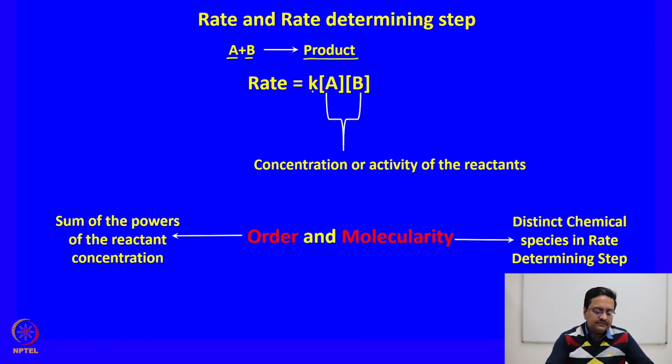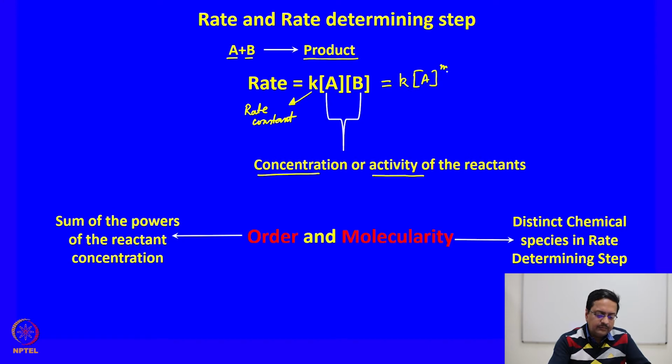The rate of the reaction is written as a rate constant K, and as a product of this rate constant with some concentration or activity of the reactants. Sometimes this concentration or activity is also replaced with a power, A to the power m and B to the power n.